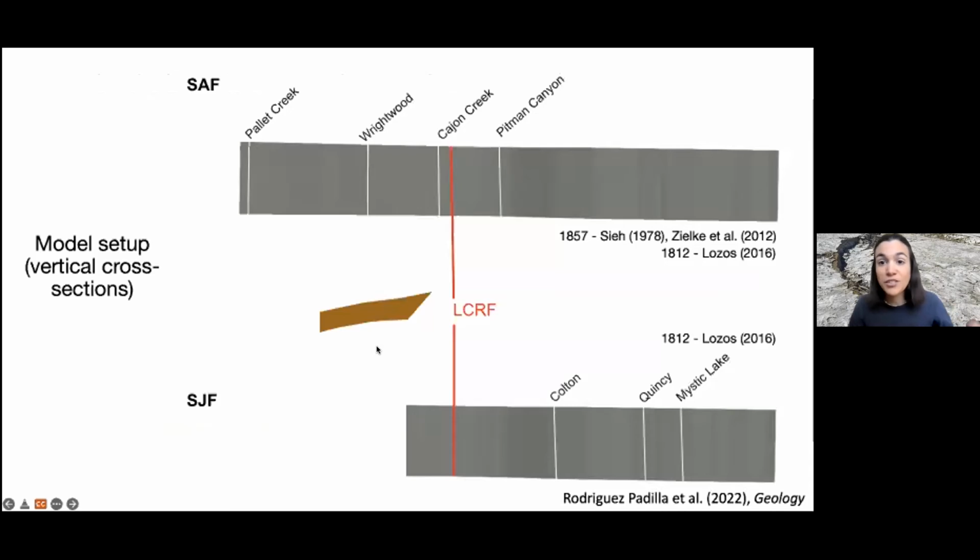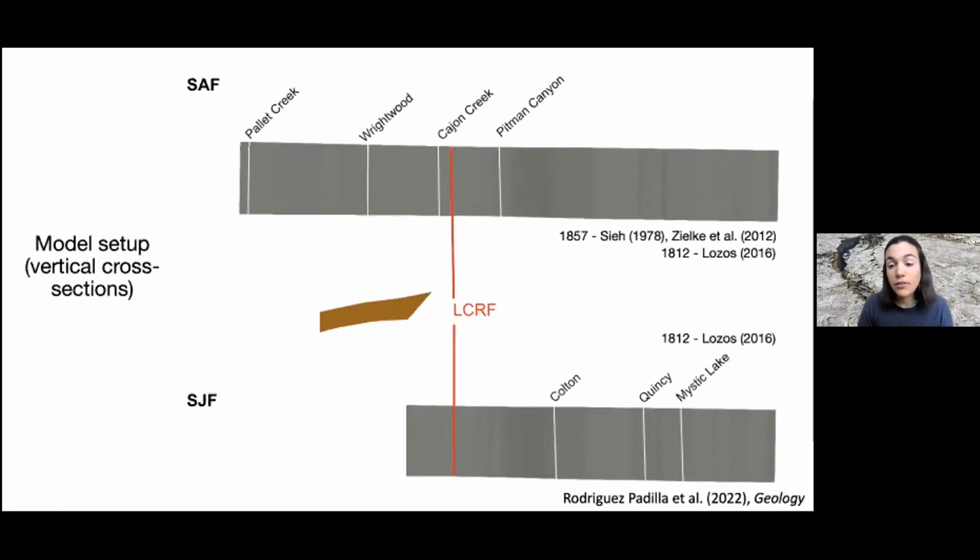Okay, I've exploded a view of that mesh with the 3 faults here. So we have the San Andreas fault with all of its paleoseismic sites, we have the San Jacinto fault with all of its paleoseismic sites, and we have the LCRF in the middle. And to better understand what events trigger slip on the LCRF, we're going to use the 1812 and the 1857 earthquakes. We use these 2 earthquakes because there are prior slip distributions that are available from other studies and our chronology and slip measurements from the trench.